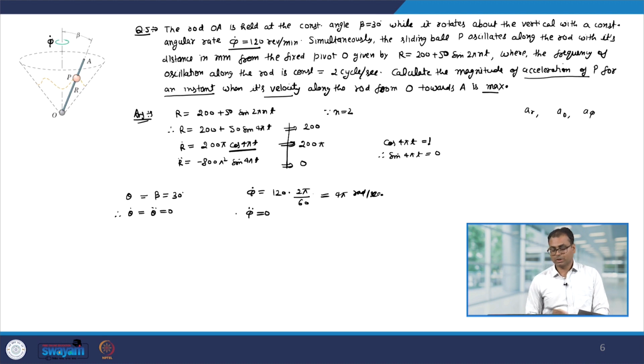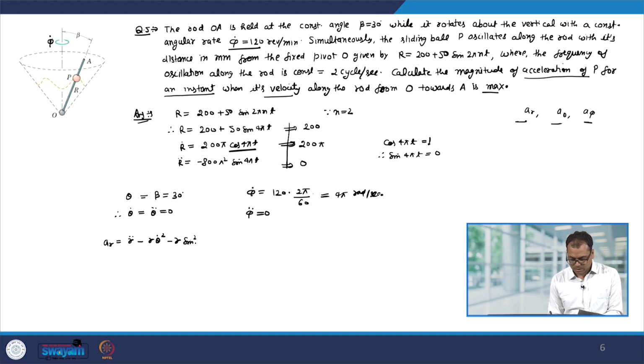Now, we are in a situation to find out what is A r, what is A theta and what is A phi. A r will be r double dot minus r theta dot square minus r sin square theta phi dot square.